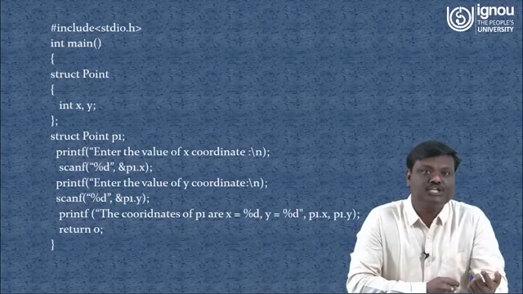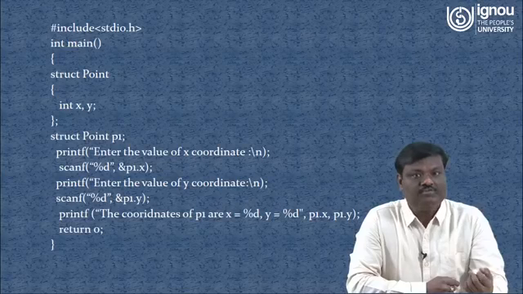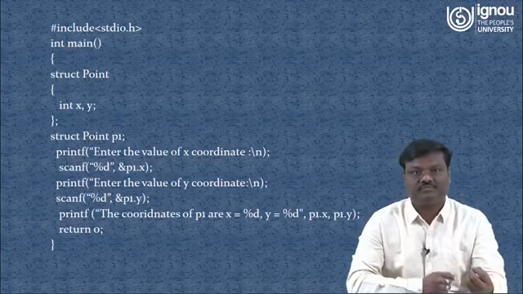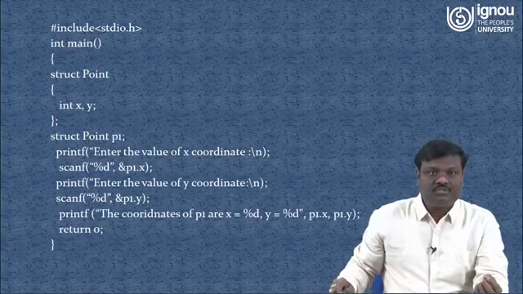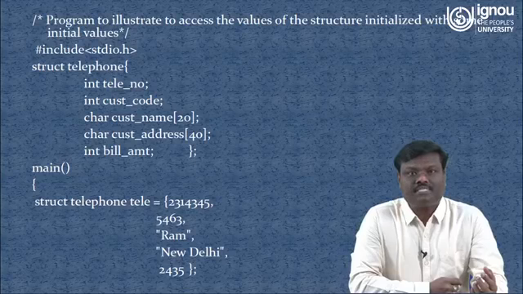There you had initialized directly inside the program. Here we are taking the x coordinate from the user, the y coordinate from the user, and then trying to print the x and y coordinates of the p1 structure variable. Program to illustrate accessing the values of the structure initialized with some initial values.